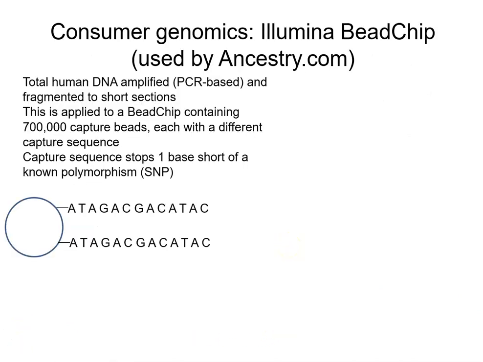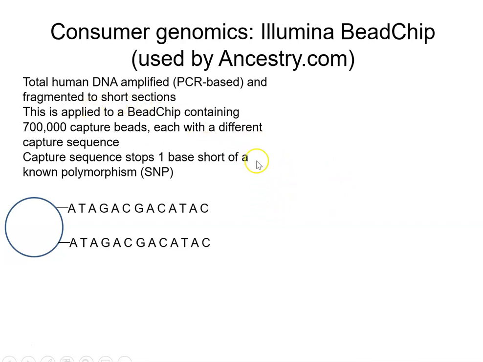So this slide illustrates how the Illumina bead chip works, and this is the one that's used by Ancestry.com, and it also can be used by people doing biomedical research, which is what it's actually designed for in the first place. So total human DNA is isolated and briefly amplified and generated as short sections of DNA.